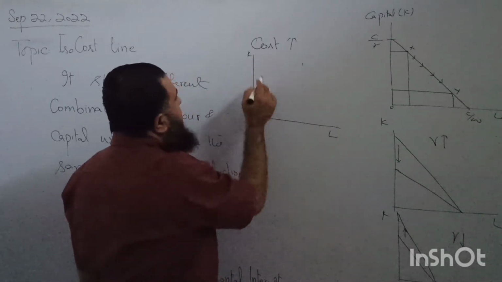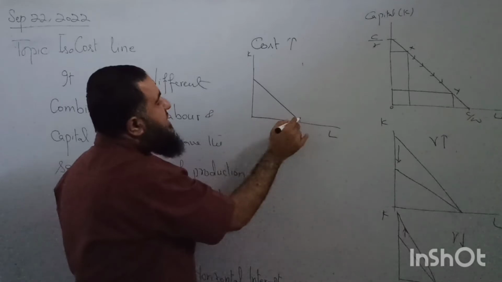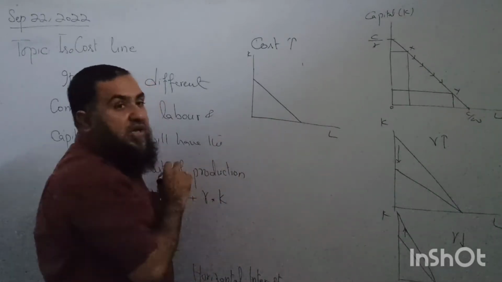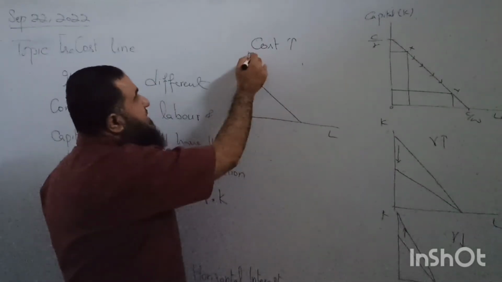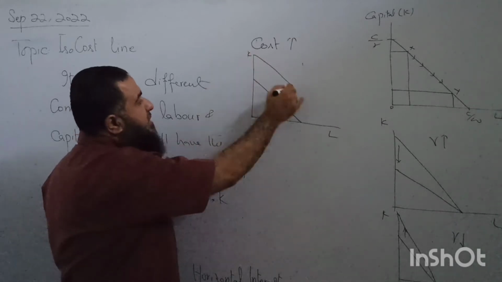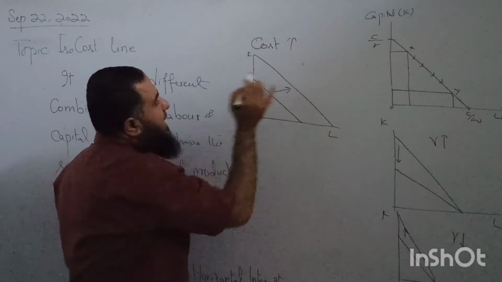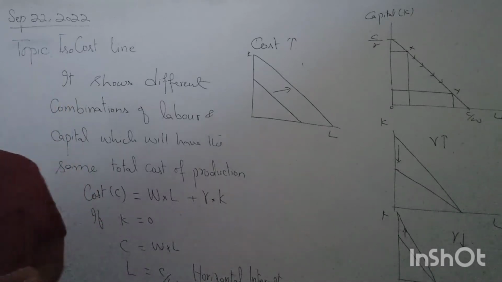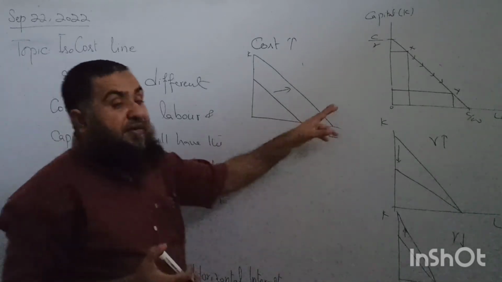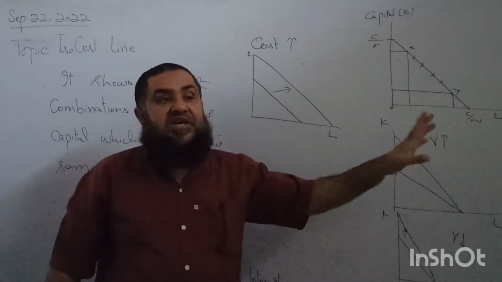Labor and capital, previously this was the isocost line. So due to the increase in overall cost of production, there is a parallel rightward shift. Here, the slope of the isocost line hasn't changed.